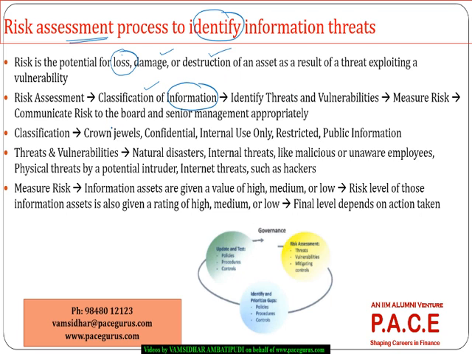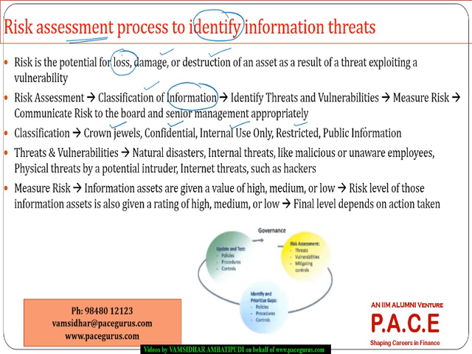When I say classification, some information could be crown jewels, something extremely important and known to only one or two people. Then comes the next layer, confidential. Only a few people should know that information, but not everyone, and it is very crucial information. Sometimes we require information only for internal use; we don't want external parties to know about it.